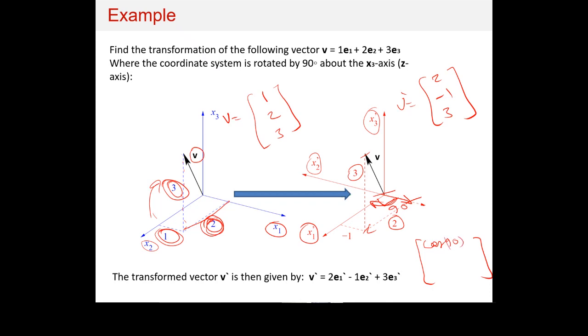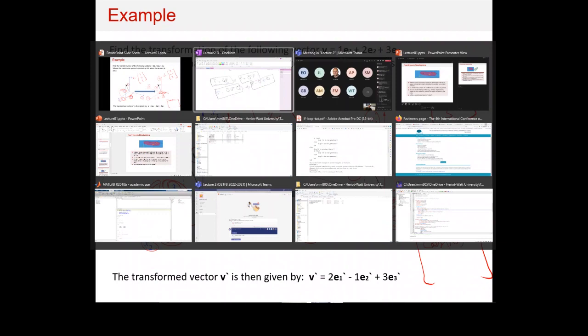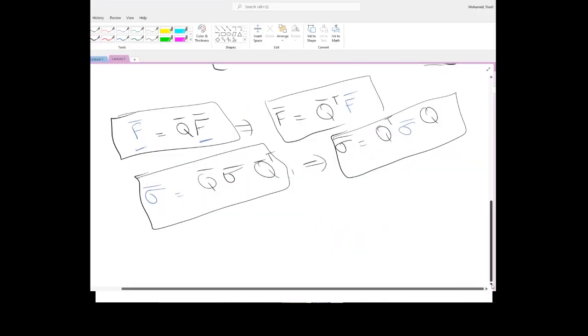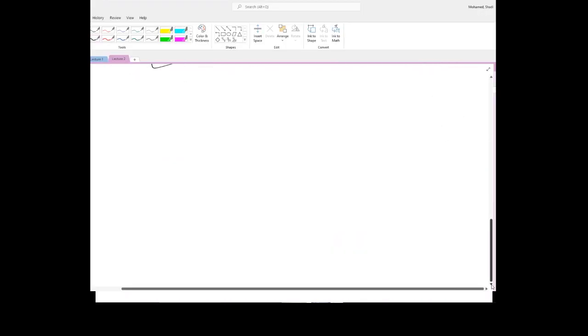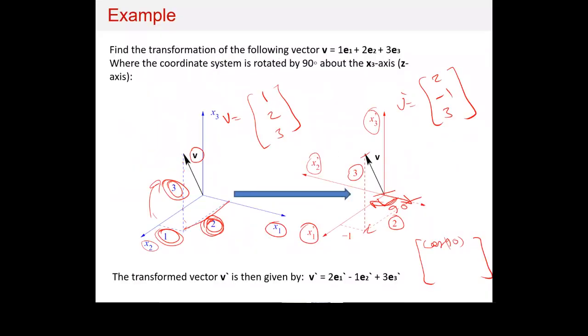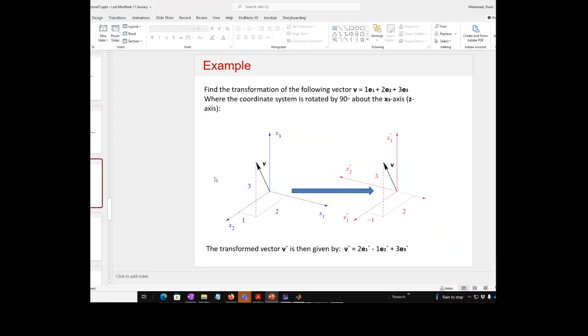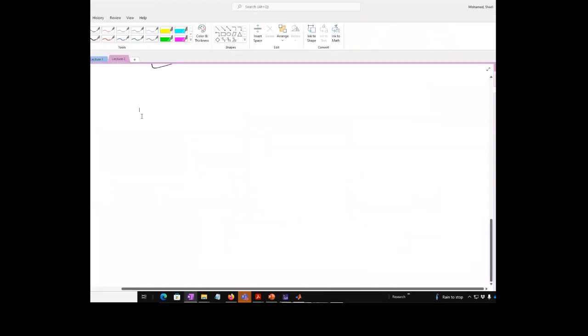I've got no space here, so I'm just going to copy the picture over and zoom in on that a little bit.